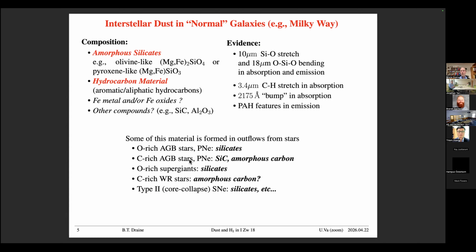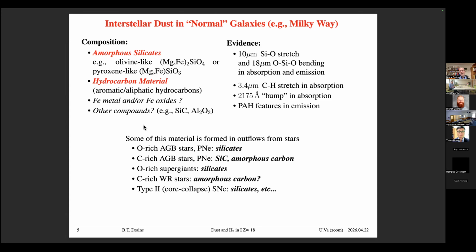So we know from a variety of pieces of evidence that I'd be happy to talk about later, but we don't want to review now, that the bulk of the dust mass in the Milky Way, and I'm speaking now of the diffuse interstellar medium where we don't have a lot of ices, is made of amorphous silicate material. Exactly which amorphous silicate composition, we could argue about that. But the evidence for silicates is strong, and we need a substantial amount of silicates to explain what we see.